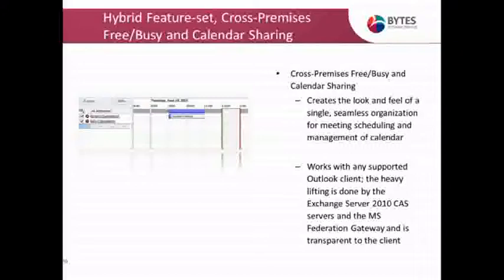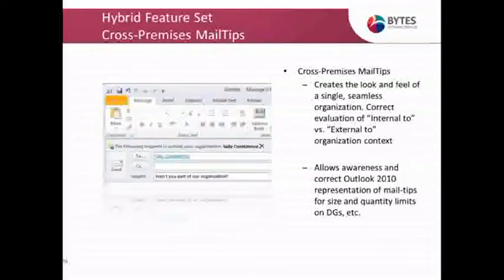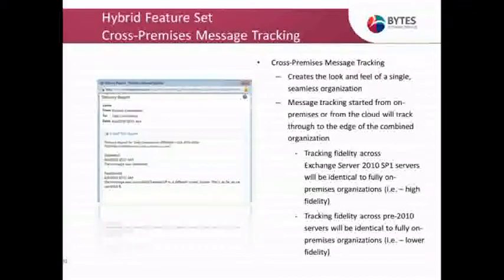If it was a normal external business and you had Federation set up, then you'd see that as an email address. Obviously, between your cloud and your on-premise system, the display name shows exactly the same. So the display name on-prem and cloud is the same, and obviously you get your FreeBusy and calendaring.